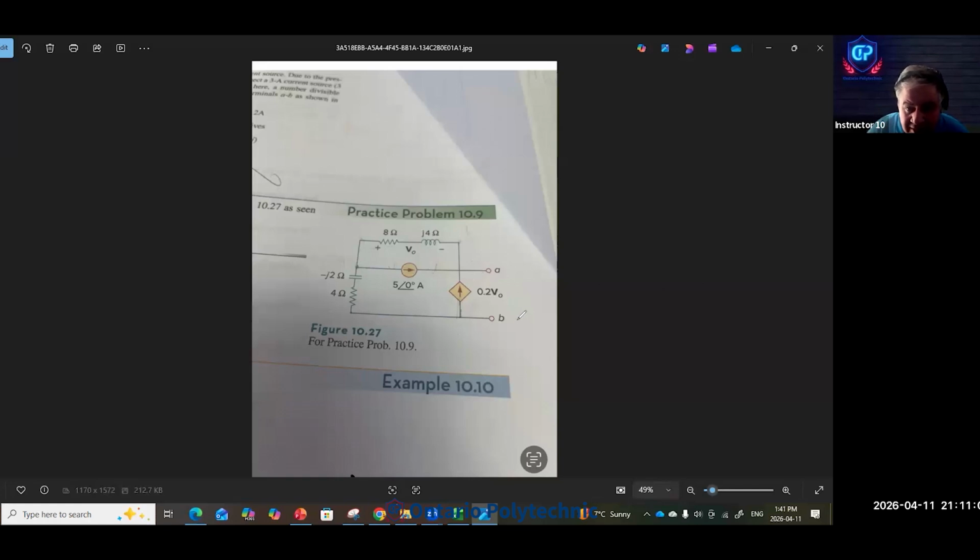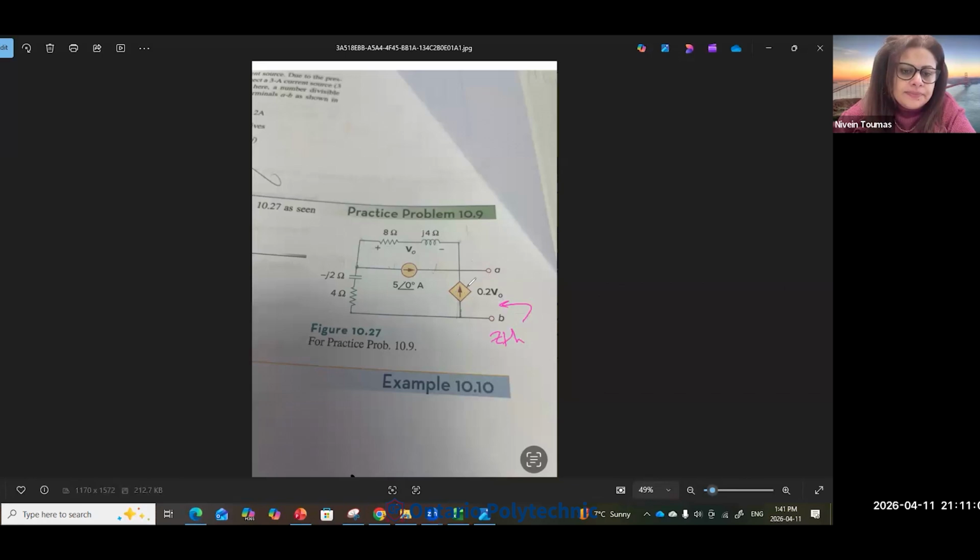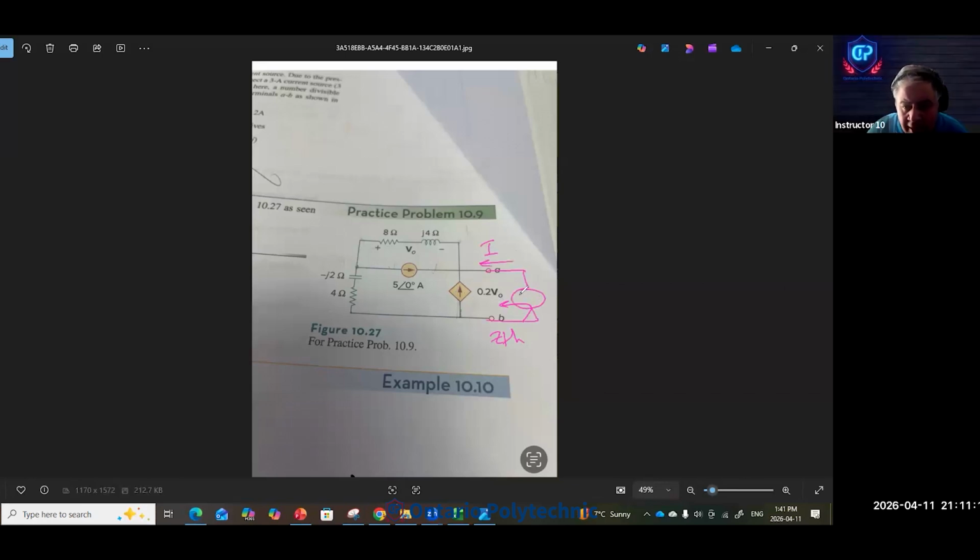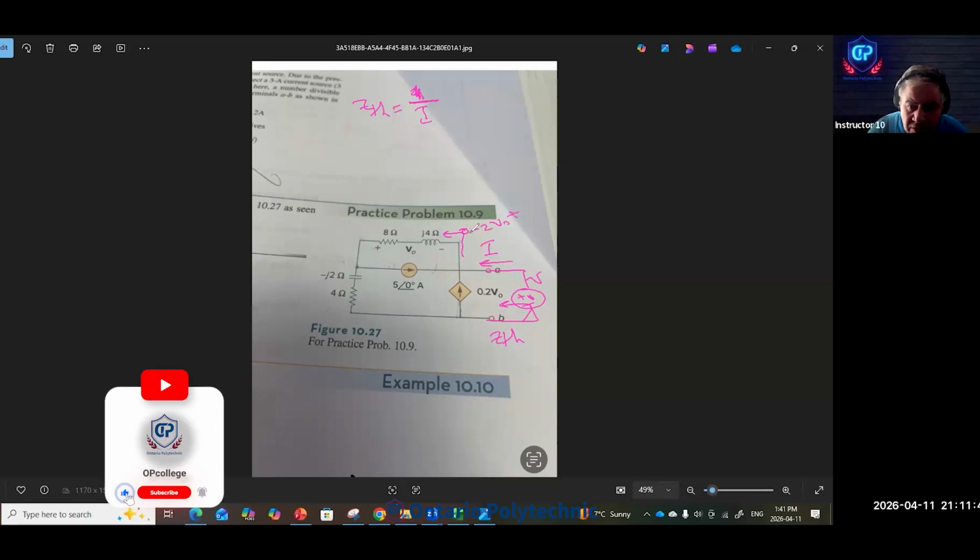I'm a little confused about how we can calculate Z Thevenin here. For Z Thevenin, between A and B, we need the current here, and for example 1 volt here. Then Z Thevenin is equal to voltage over I, 1 over I. But the current here is 0.2 V0 plus this current.